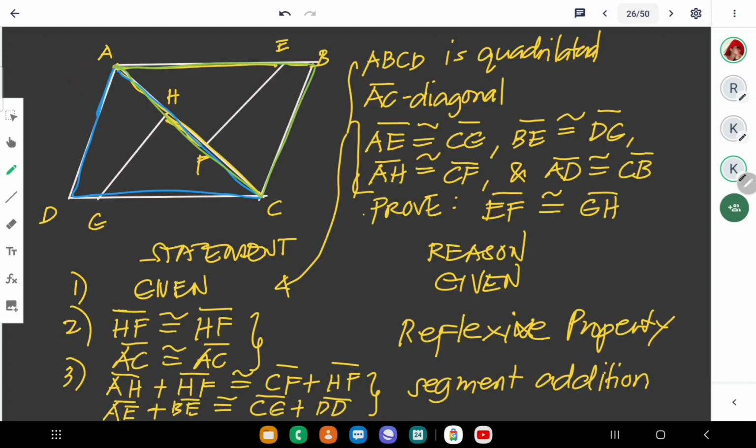So for number 4, we can conclude that, because we have already proven the sides are congruent, this side is congruent to this one by segment addition, and this one is congruent to itself, a reflexive property. Therefore, triangle ABC is congruent to triangle CDA. So side, side, side, congruency. Okay?